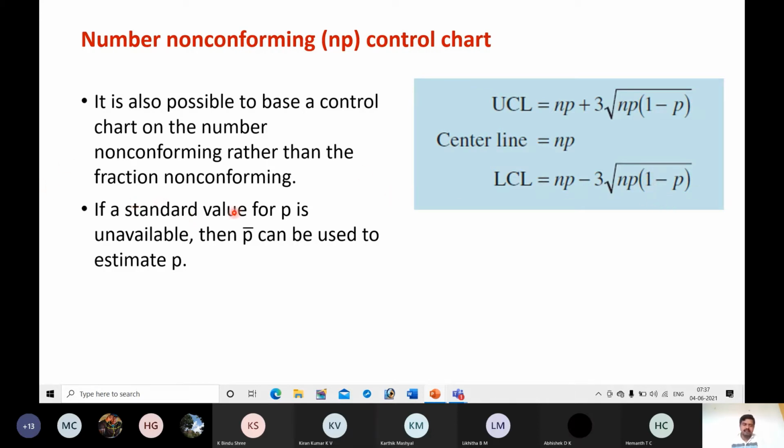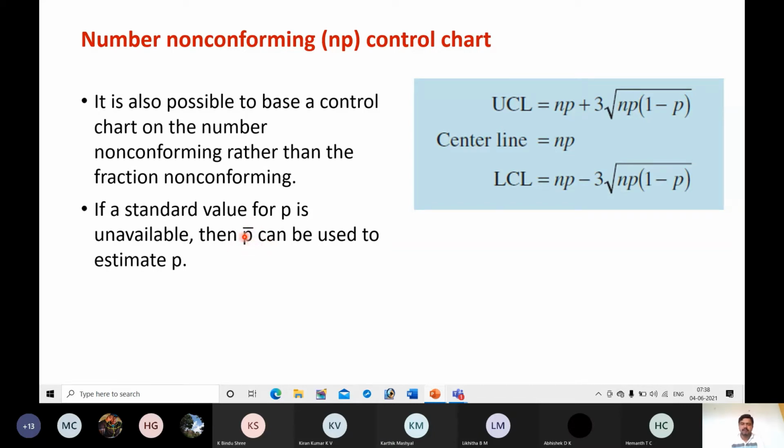Suppose the standard value for p is unavailable, where p is the fraction non-conforming for the population, or the process fraction non-conforming. If it is not given as a standard value, then you can use p bar. First we calculate the sample fraction non-conforming, then we take the average of the sample fractions non-conforming, that is p bar.